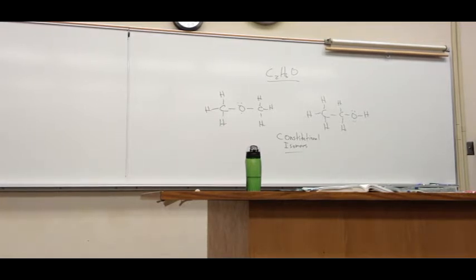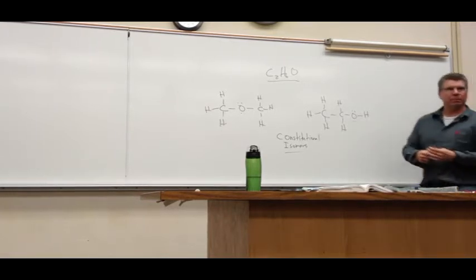Either the chlorines were 90 degrees from each other, or they were 180 degrees from each other. That's not a constitutional isomer because it's the same order of attachment. There's still a sulfur in the middle, 4 fluorines and 2 chlorines attached to it. But there's potential for 2 different geometric arrangements, 90 degrees or 180 degrees. Rest of you guys okay with that?